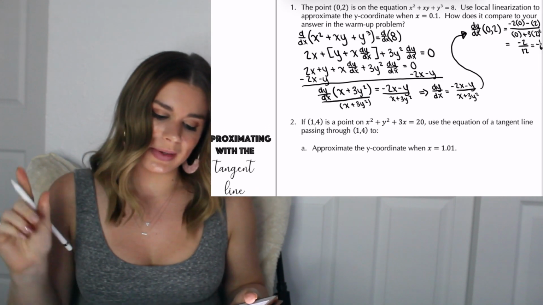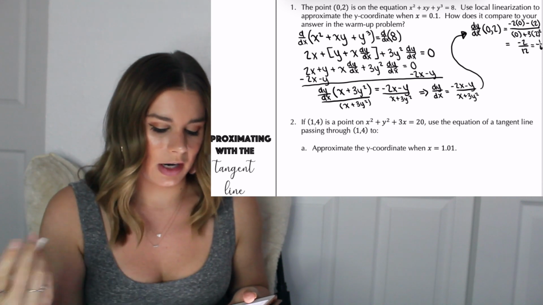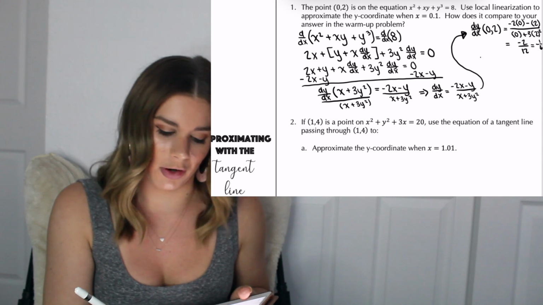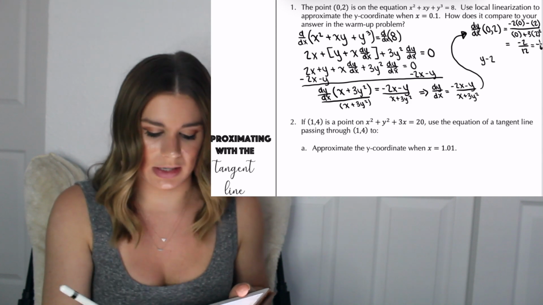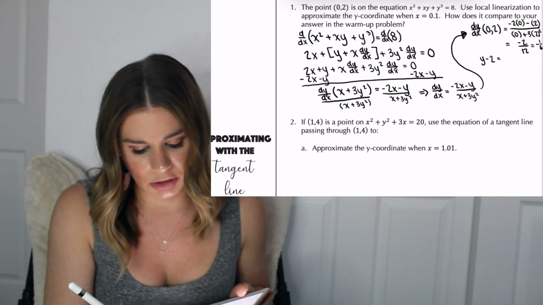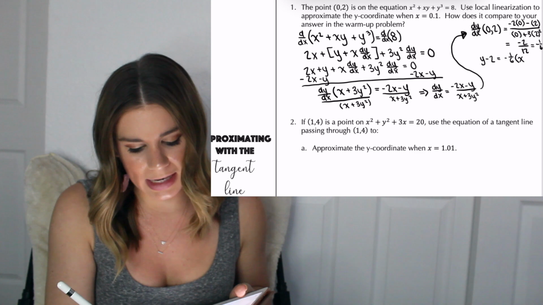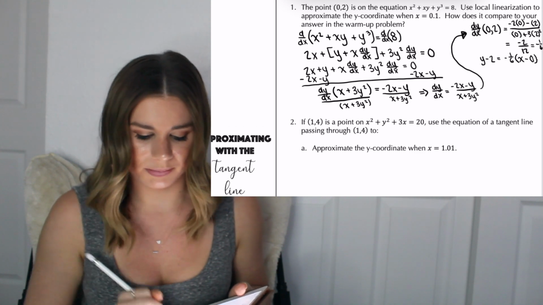Okay, so now we can use that for our equation. The equation of the tangent line in point-slope form is going to be y minus our y-coordinate, which is 2, equals our slope, which is negative 1/6, times x minus our x-coordinate, which is 0.